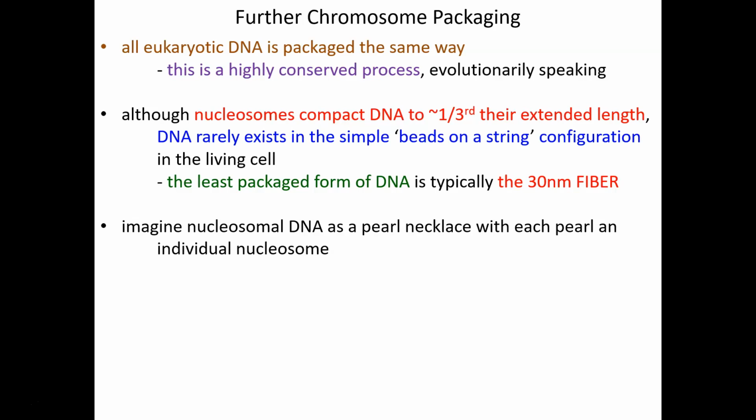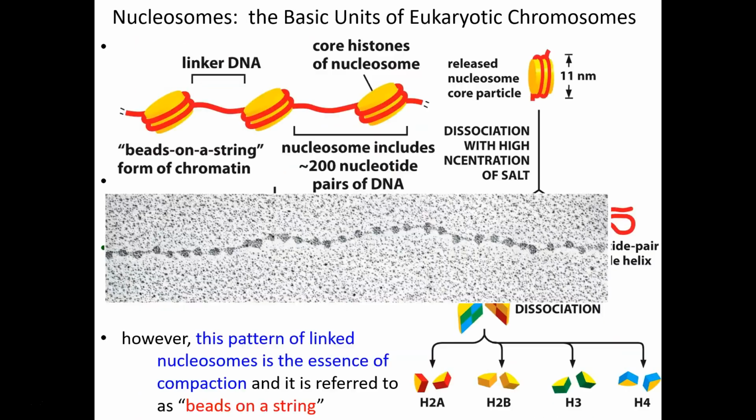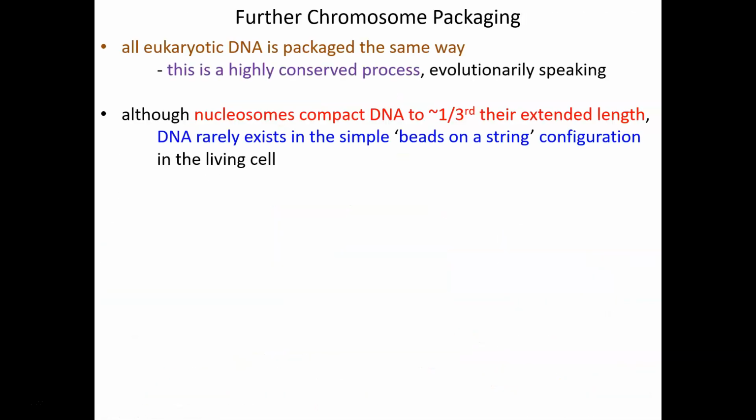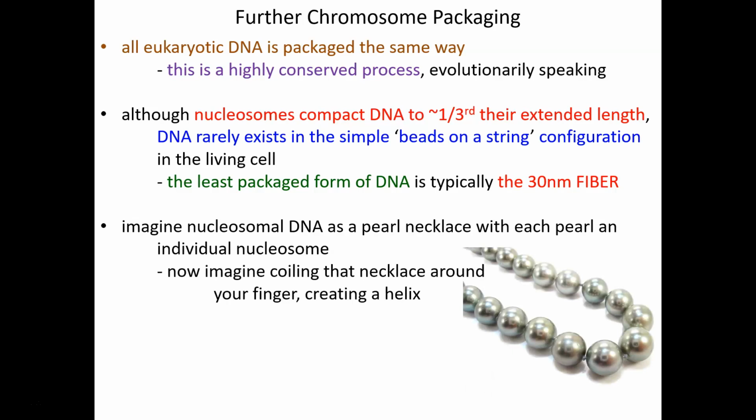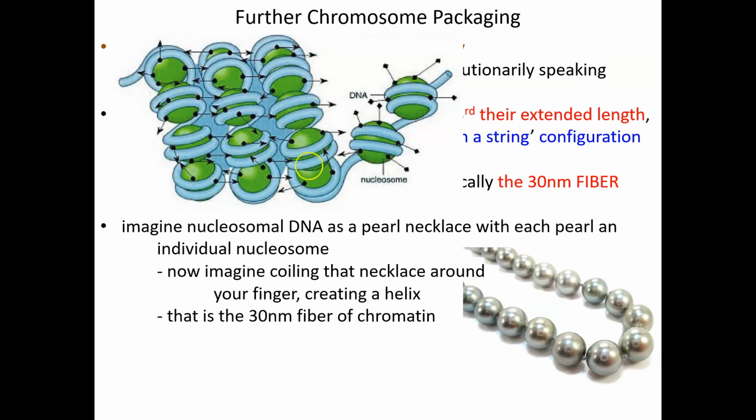So the 30 nanometer fiber is the nucleosomal DNA that we see here. But we take this DNA and we wrap it as though it was wrapped around a pencil or a finger. We coil it so it takes up much less room. So that is what we mean by the 30 nanometer fiber. And here we see it schematically.